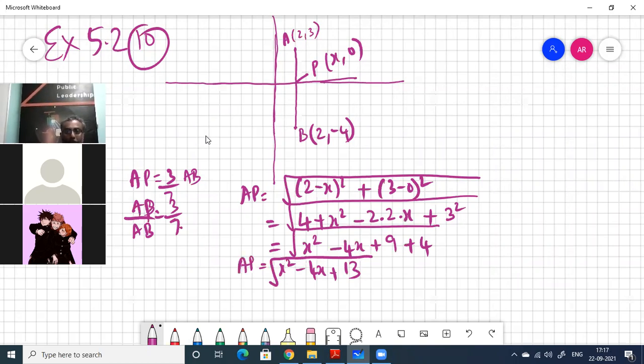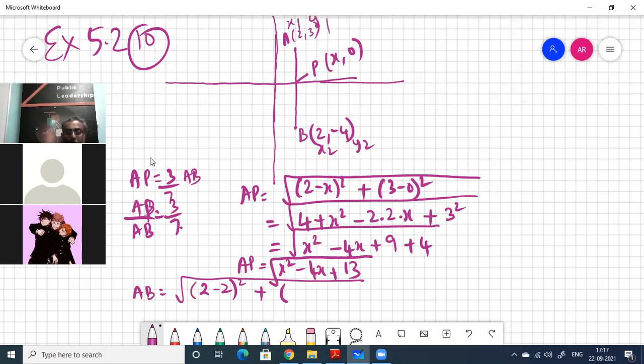What is AB? Now let us do AB. AB is equal to the root of (2 minus 2) the whole square plus (y1 minus y2) the whole square, where this is x1, this is x2, this is y1, this is y2.